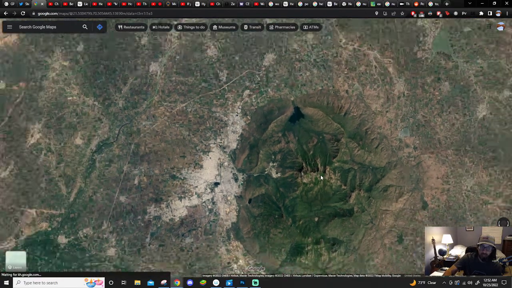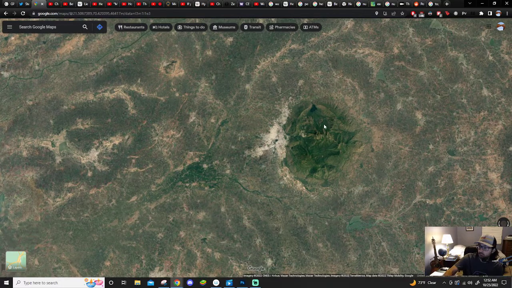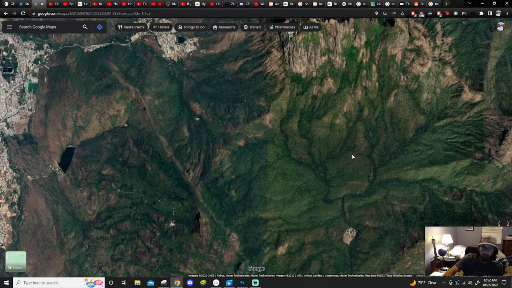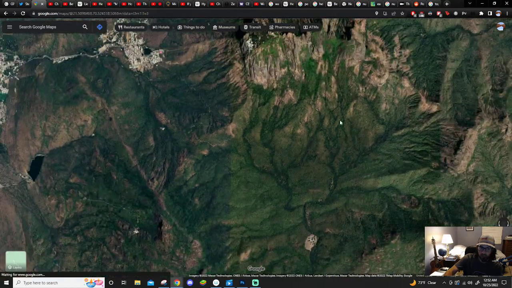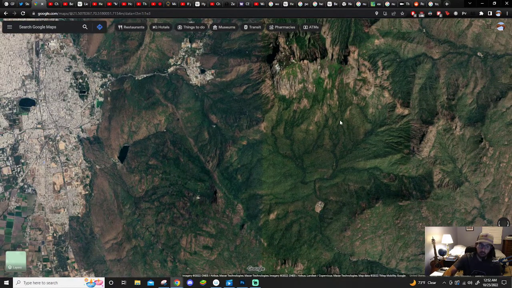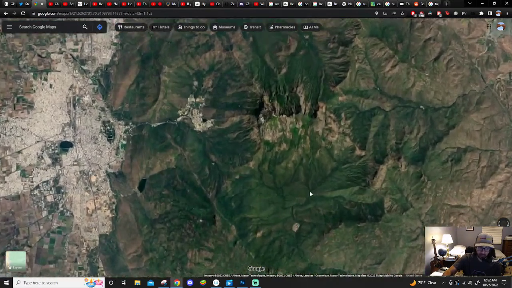Mind you, everything here is formed after 7,000 years ago or something, whenever ancient Dwarka was attacked. So it's a good possibility that this feature is not just water that carved it, that shaped it, that made it as it is.